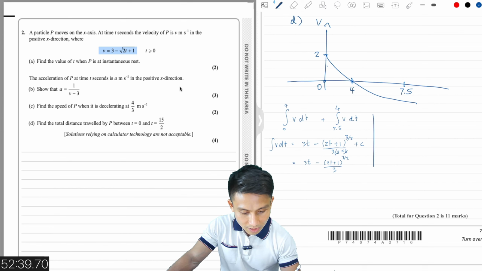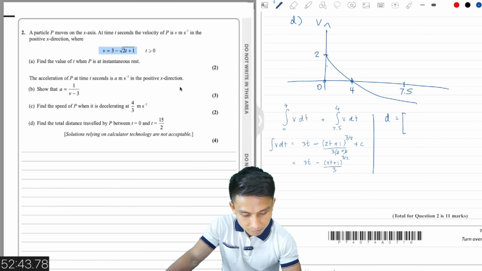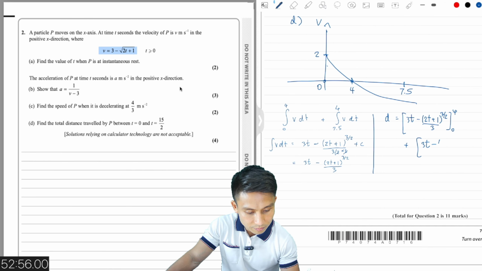So distance traveled would be that integral from 0 to 4 plus that integral, but from 7.5 to 4 instead, yeah?